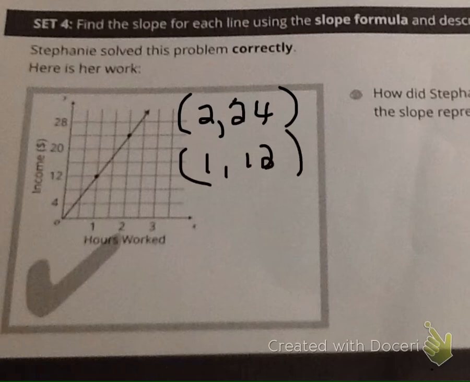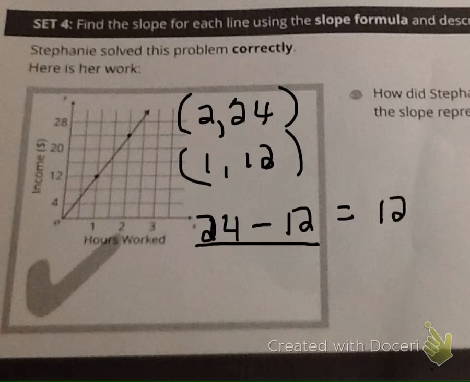So if I do y2, 24, minus y1, 12, I'm going to get 24 minus 12 is 12, and over here 2 minus 1 equals 1. It's the same thing I got when I put in the slope triangle, and 12 over 1 is 12. But how did she know what it represented?